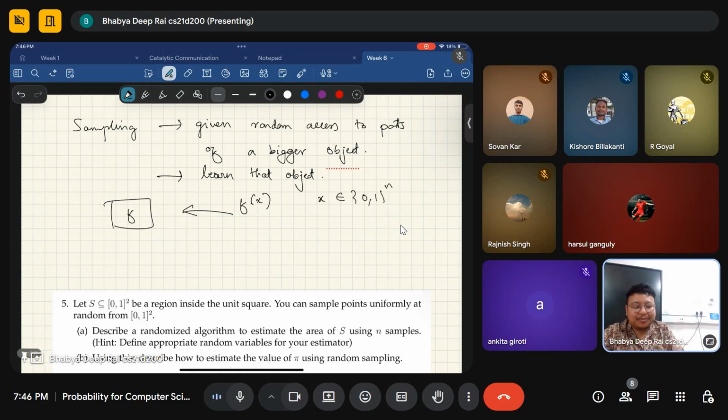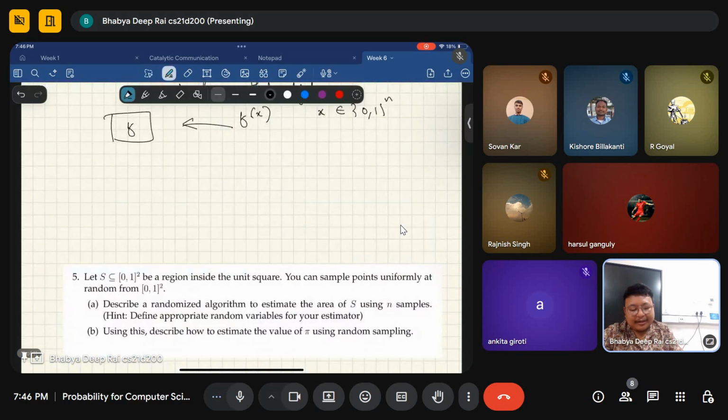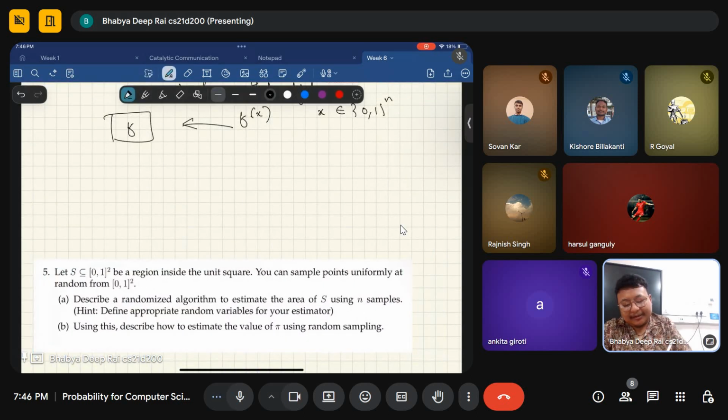This is one example of a sample. Or you have a set of numbers from 1 to m, and you are trying to sample a number with uniform probability.